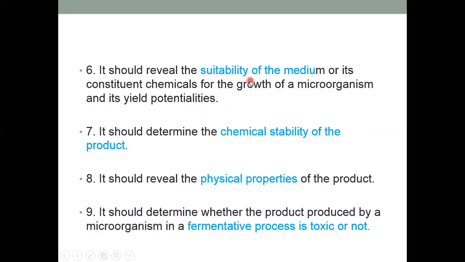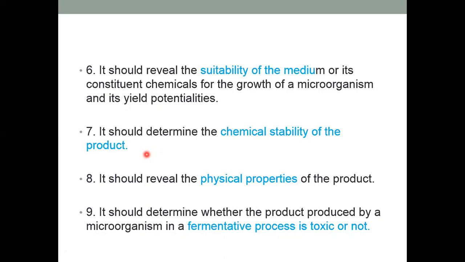So whether you were working on the environmental conditions like pH, you should also be working on the suitability of the medium and the nutrients that are going in to have better growth of microorganisms. Now, it should determine the chemical stability of the product as well, whether you get the product and it stays chemically stable or not, or maybe it deteriorates on its own, so you have to determine this factor.